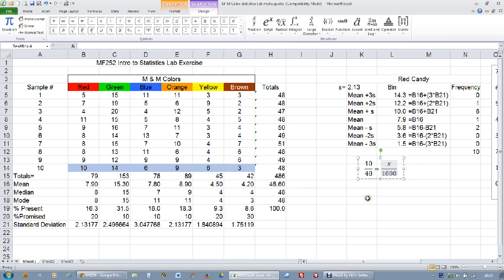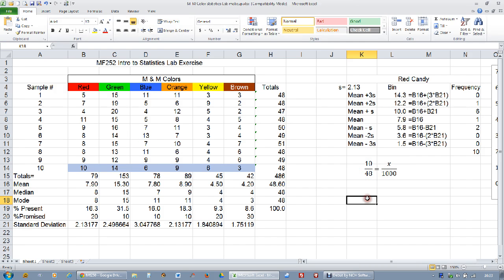Using a direct proportion and then cross multiplying, you get 48x equals 10,000. X equals 10,000 divided by 48. So we get approximately 208 M&Ms are red out of 1,000.